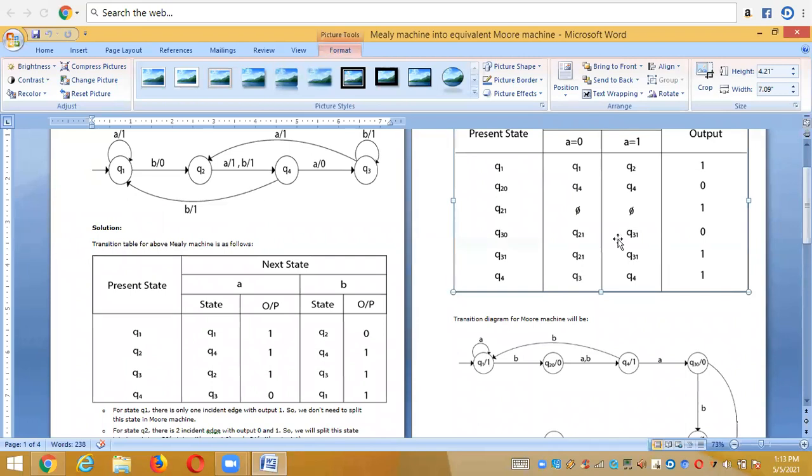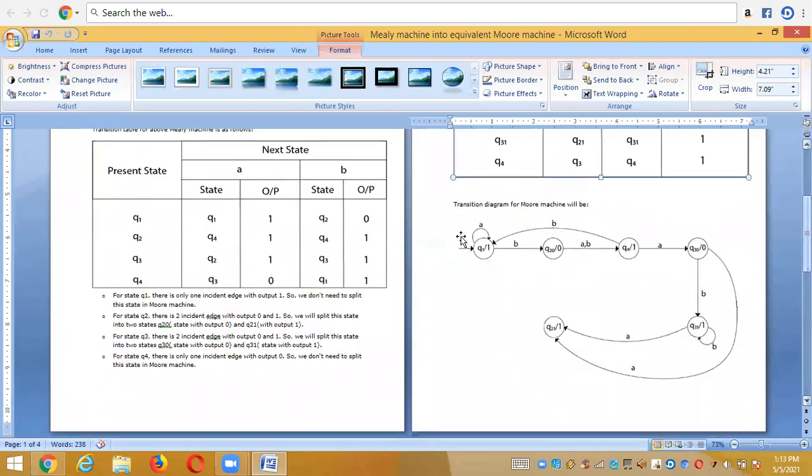And after representing the table, finally this is a Moore machine transition table or transition diagram. Moore machine means the output alphabets should be associated with the states, right? So this is the way of representing the Moore machine. From the table directly we represent the machine like this.